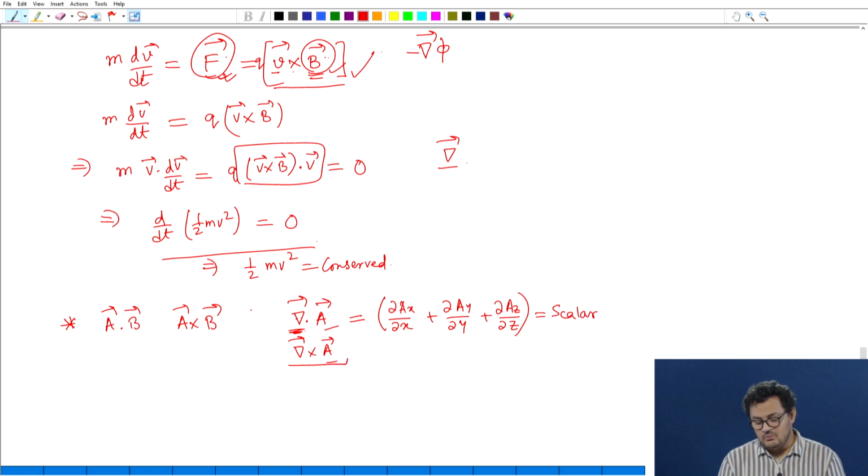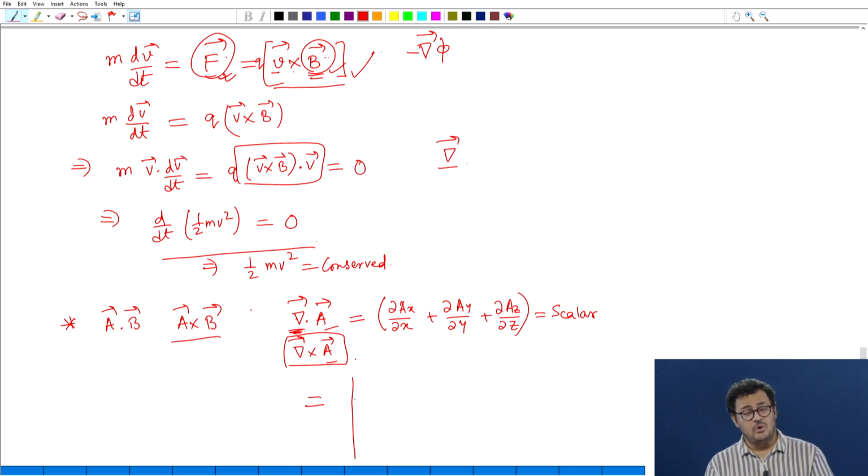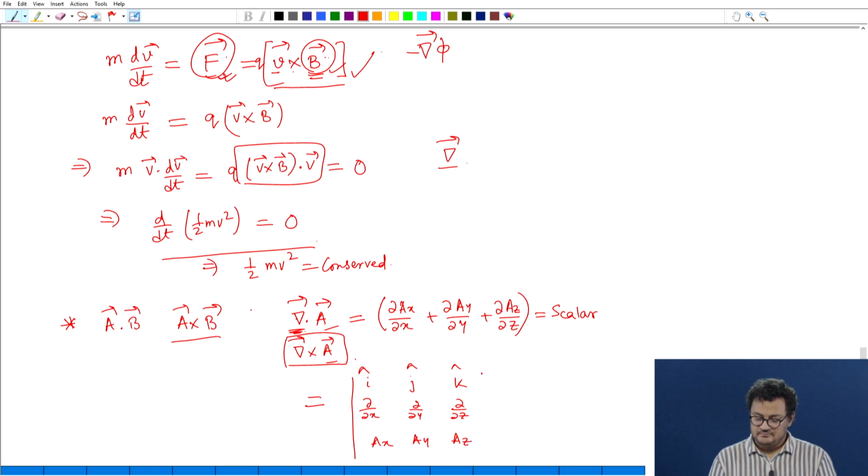On the other hand, this one is tricky. It is like a cross product, so this is a vector. Just as you calculate the cross product between two vectors like a determinant of a matrix, here you can do the same thing: write i, j, k, then del x, del y and del z, then Ax, Ay and Az.